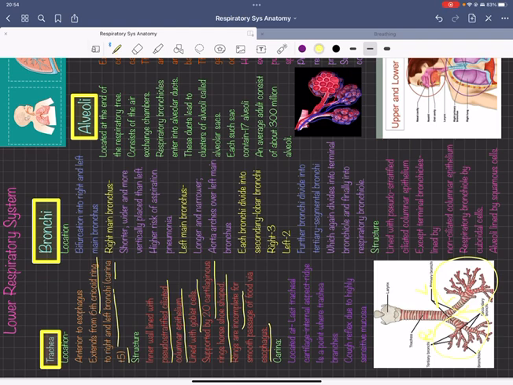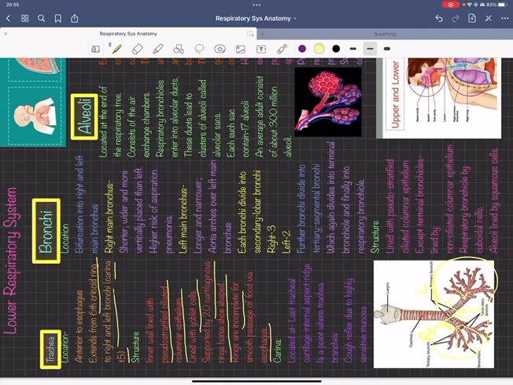The right side usually bifurcates into three parts, 1, 2 and 3, whereas on the left we have only two, 1 and 2. In this way we can say that the right is usually short.